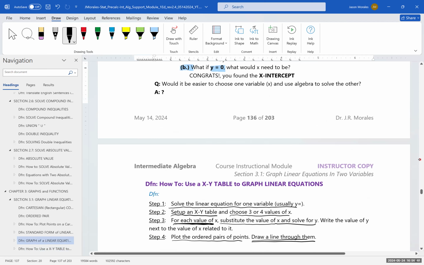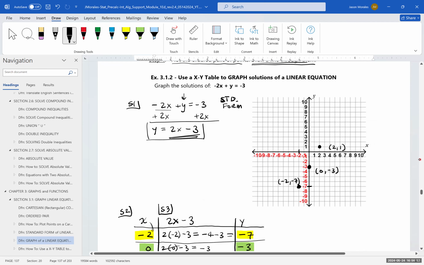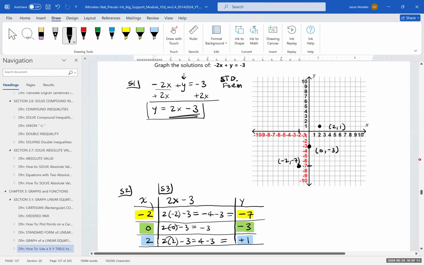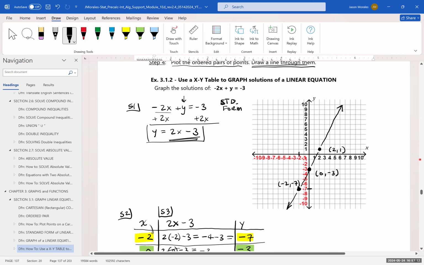So I'm just going to do my best to draw a line through these points without hitting the scroll bar on the right-hand side of my window here. Now I'm going to draw a line through my points. So it's going to be something like that. So that line is the graph of minus 2x plus y equals negative 3.